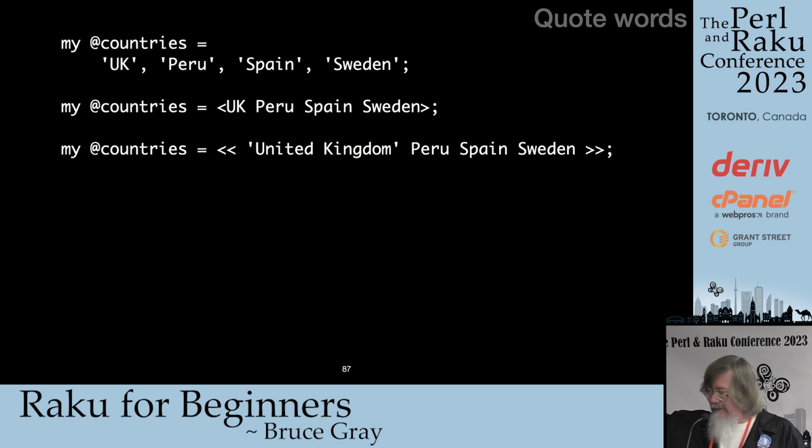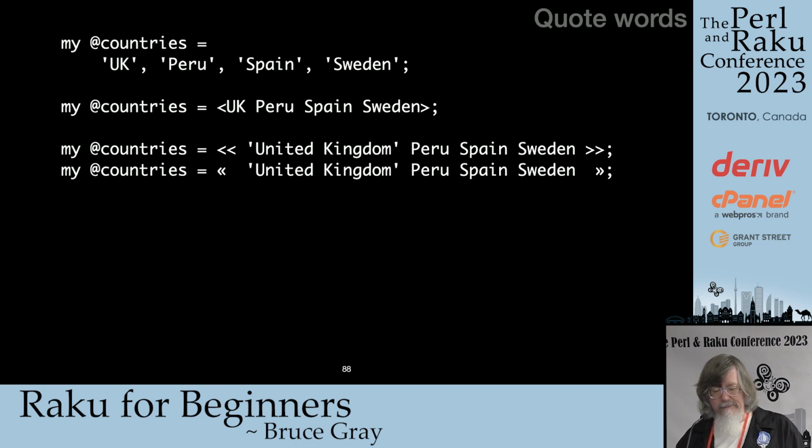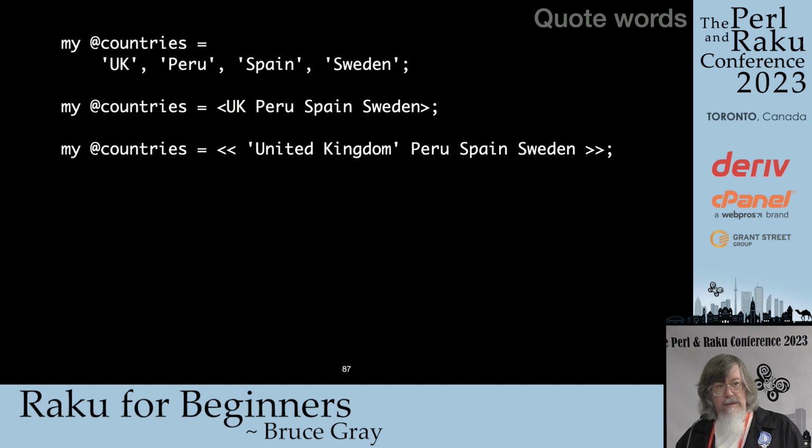Inside our double angle brackets, we can single quote things to make them stick together. So United Kingdom is now, again, one thing. Could I use single angle brackets inside the double angle brackets? I don't know. Will you try it and let us know?